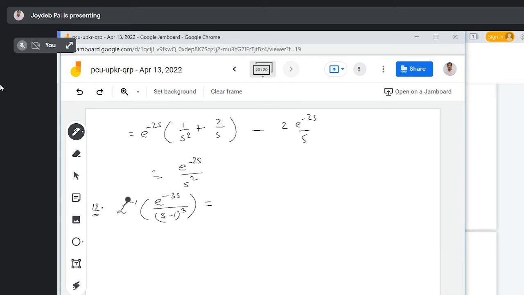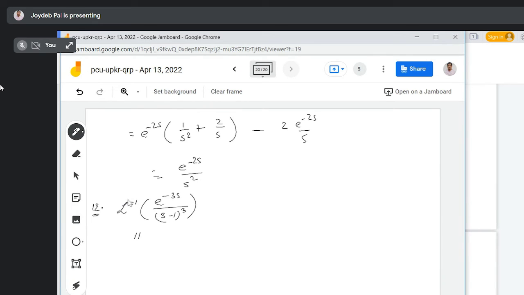Yes, sir. Now it is of the form e to the power minus as into F(s). To apply t shifting, you have to think of it as e to the power minus as into F(s). So what is a and what is F(s)? You tell me.